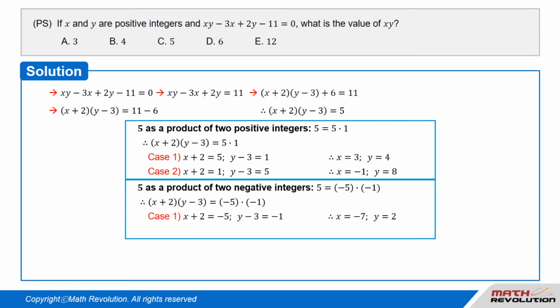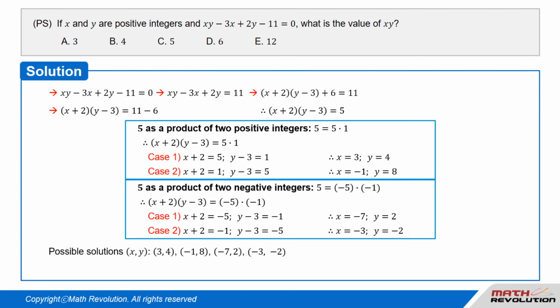And we can take x + 2 = -5 and y - 3 = -1, or x = -7 and y = 2. We can switch -1 and -5 in the equations to get x + 2 = -1 and y - 3 = -5, or x = -3 and y = -2.